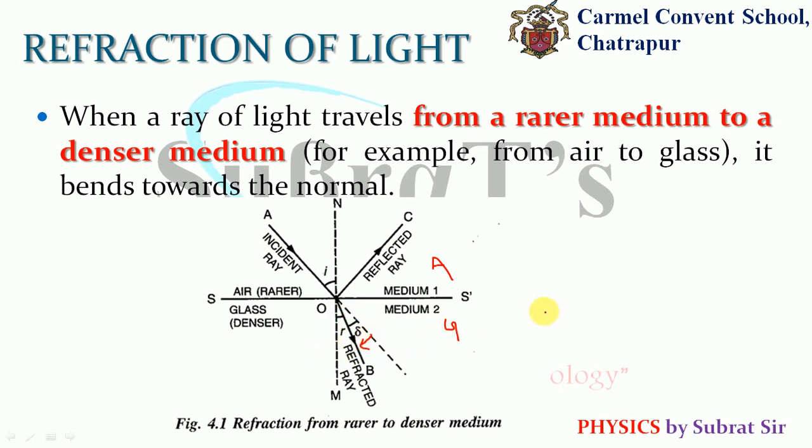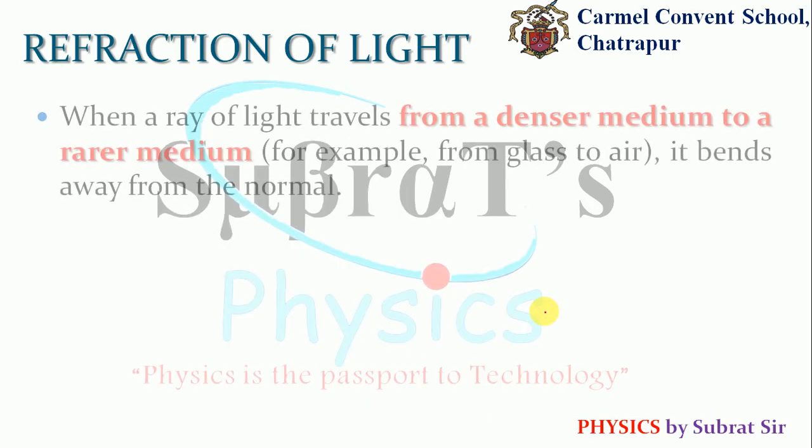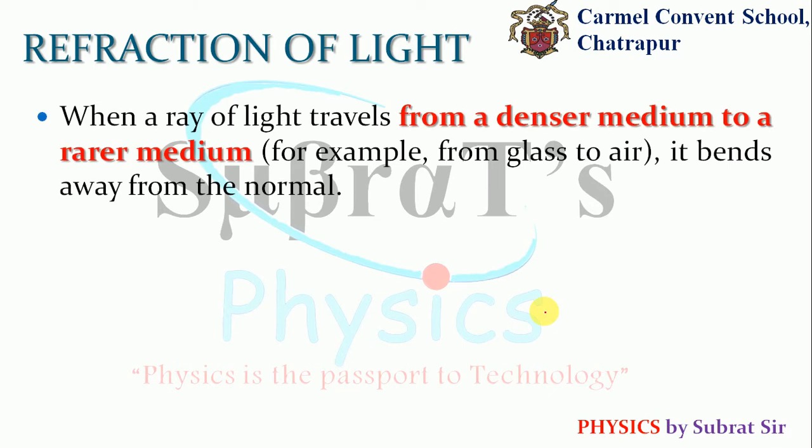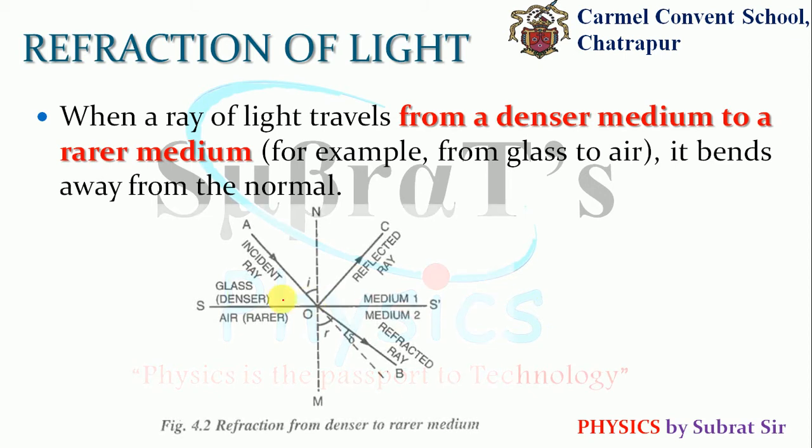Then, when a ray of light goes from a denser medium to a rarer medium, it bends away from the normal. Let us look at the figure. When a ray of light is incident here, the actual path would be this one if the two media were the same.